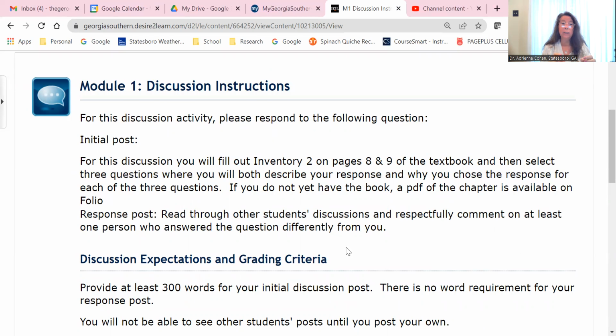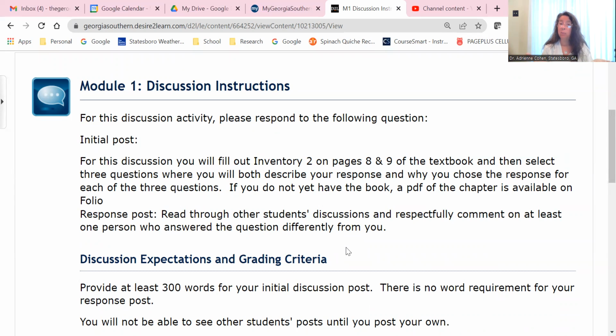And then you're going to select any 3 questions. So it doesn't have to be the open-ended ones. It can be just the ones that have a multiple choice selection or a scale. Select 3, and then you're going to write about what your answer was, and then why you chose the response that you did. So the discussion includes both.